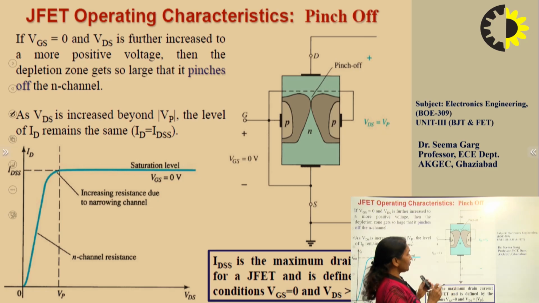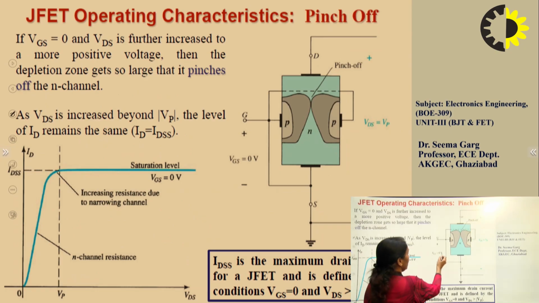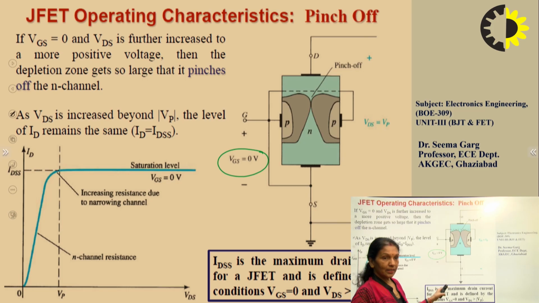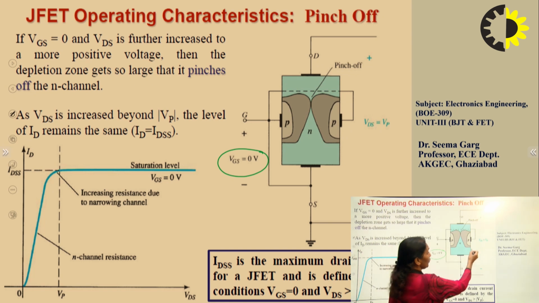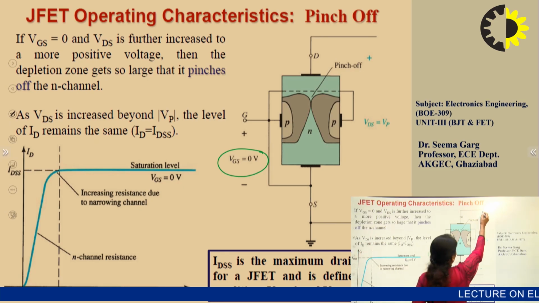So initially we are keeping VGS equal to 0. That means we are not applying any voltage across the gate to source terminal. So the only voltage which we are applying is through the drain to source terminal. So some battery is connected here.